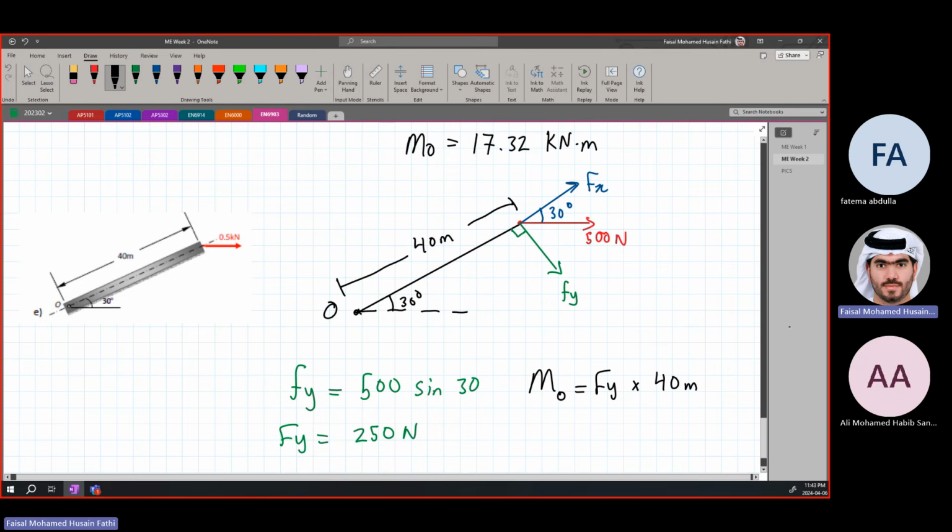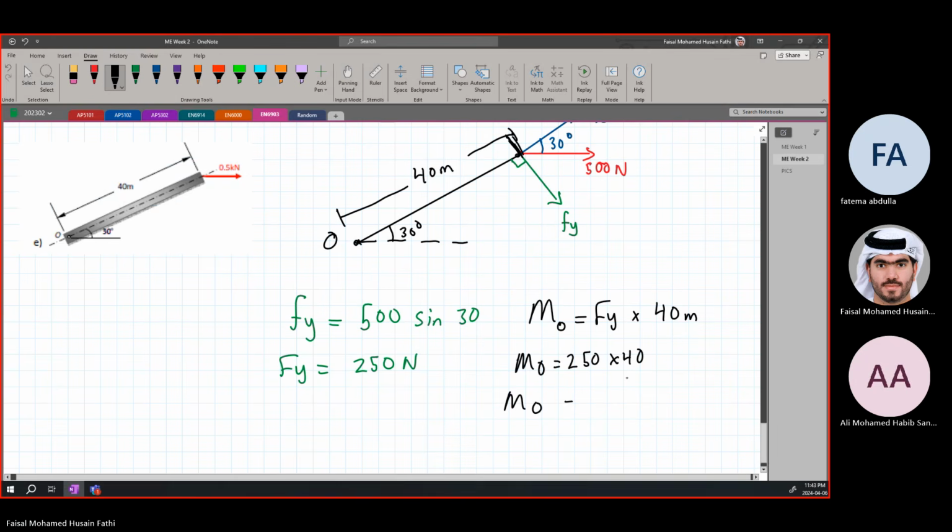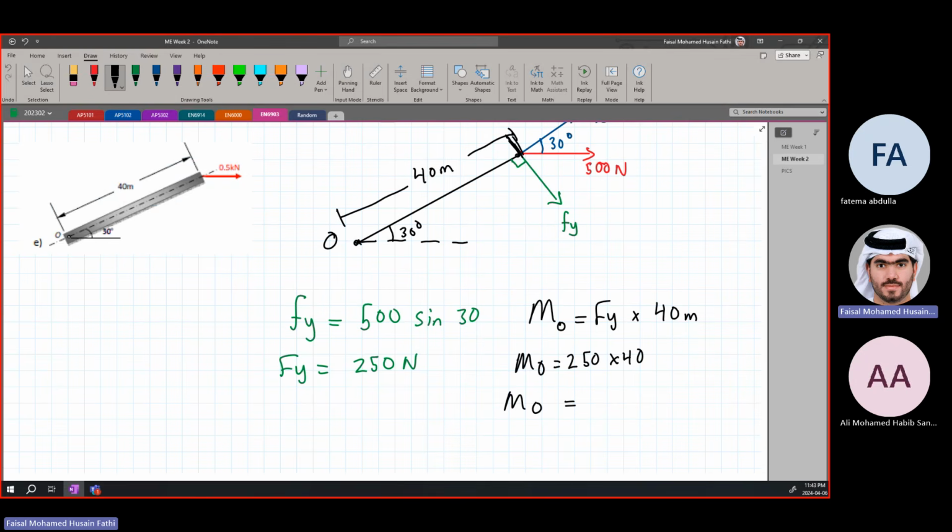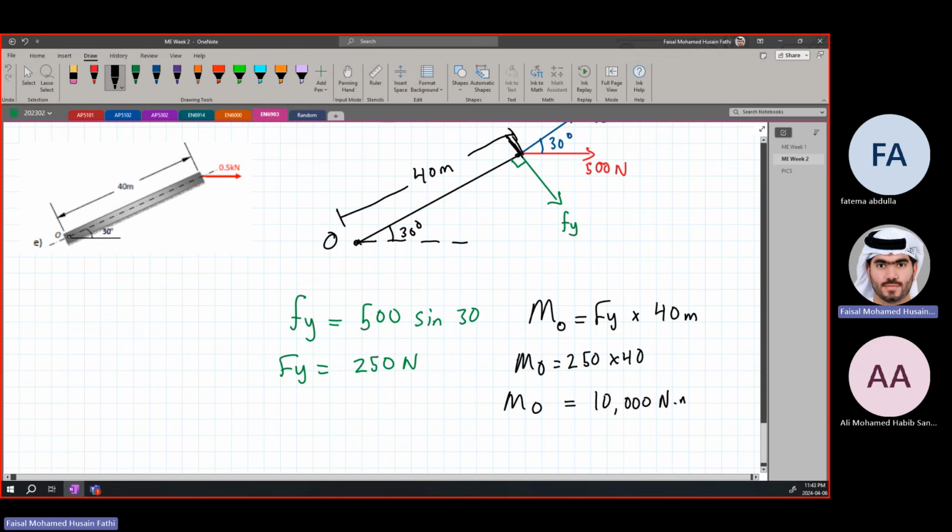This distance from here up to here is 40, and it is perpendicular with Fy. Okay. 250 times 40, which is going to be equal to 10,000 Newton meters. Or you can write this as 10.0 kilo Newton meter if I divide by 1000.